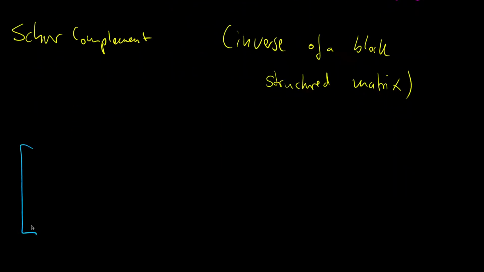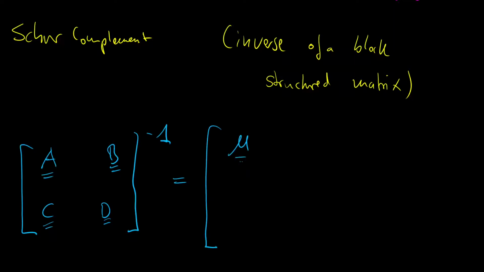If we have a matrix that is subdivided into an A matrix, a B matrix, a C matrix, and a D matrix, and we want to do the inverse of it, then this is equivalent to an M matrix. I will come back to this in a second. Then minus the M matrix, B matrix, D matrix inverse. So it's referring to these submatrices. And here we have minus the D inverse CM.